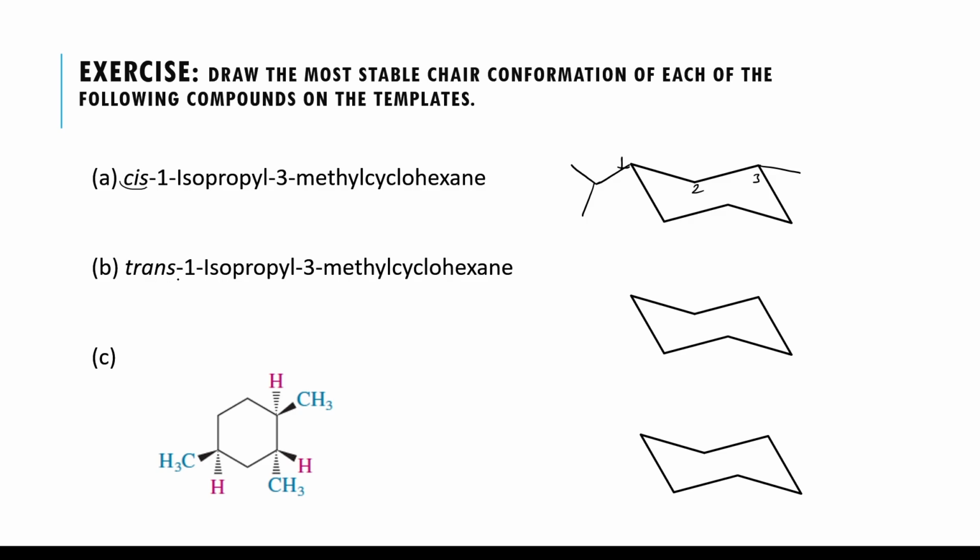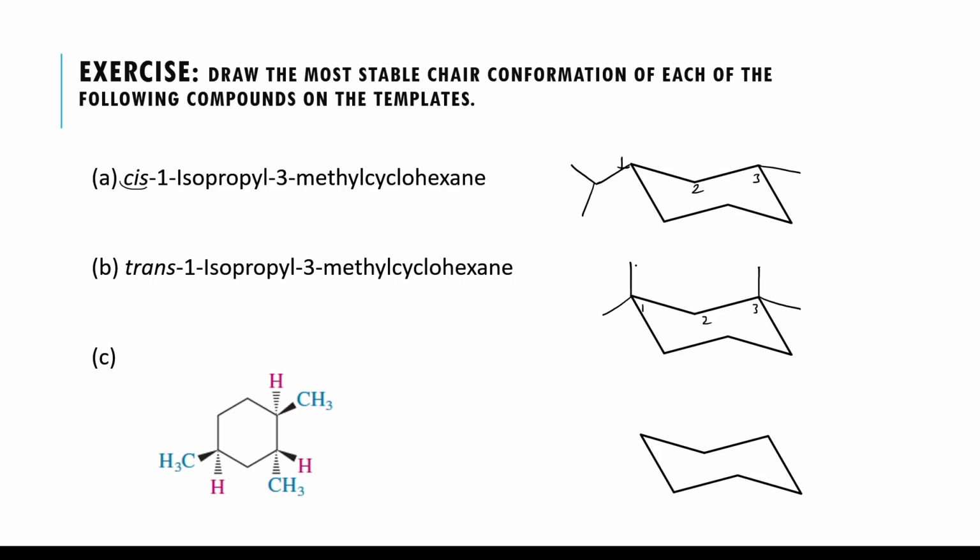It says that it is trans 1-isopropyl 3-methyl cyclohexane. It's a similar molecule, but it should be a trans isomer. Again, let's label the first carbon and the third carbon, and let's place equatorial and axial positions.